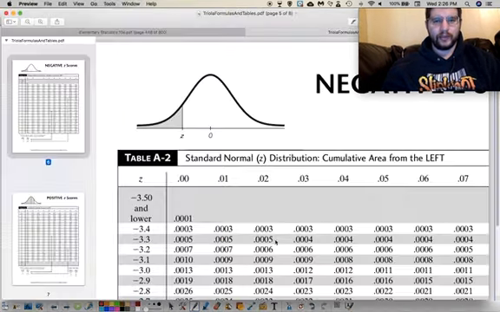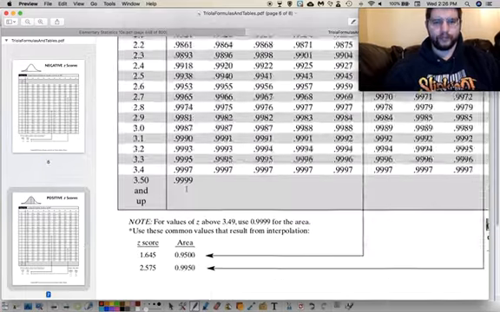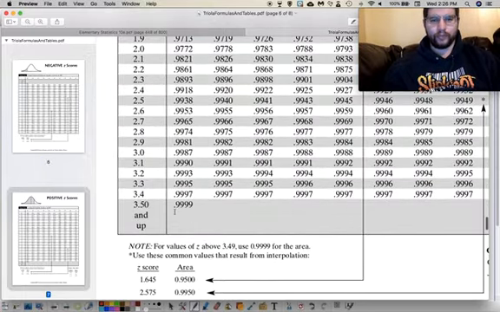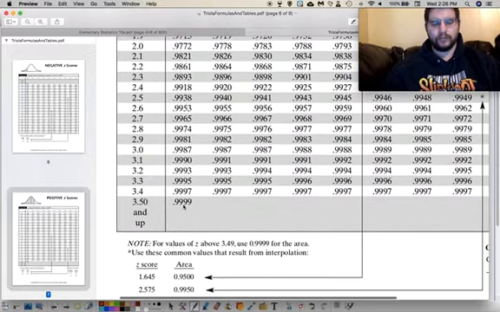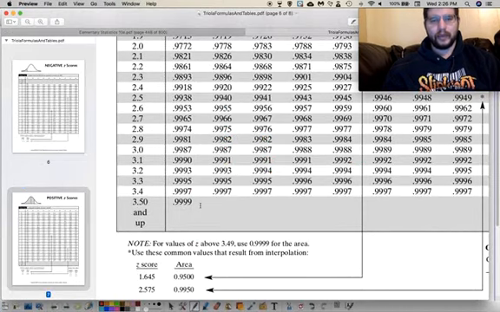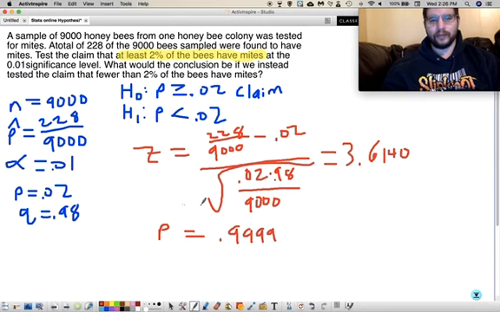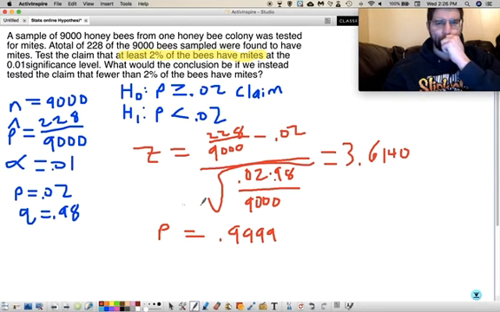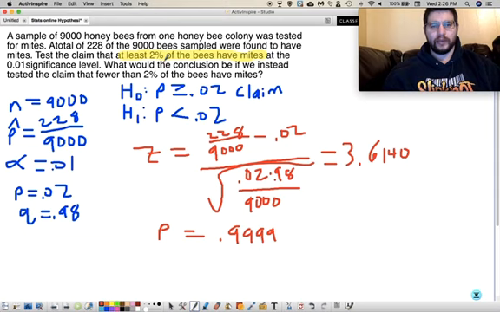And I just remember that because look at the bottom here. 3.5 and up, area is 0.9999. And that is the area to the left of the test statistic. Again, I changed this problem. That's why these p-values are so ridiculously high, because originally it was a right tail test.